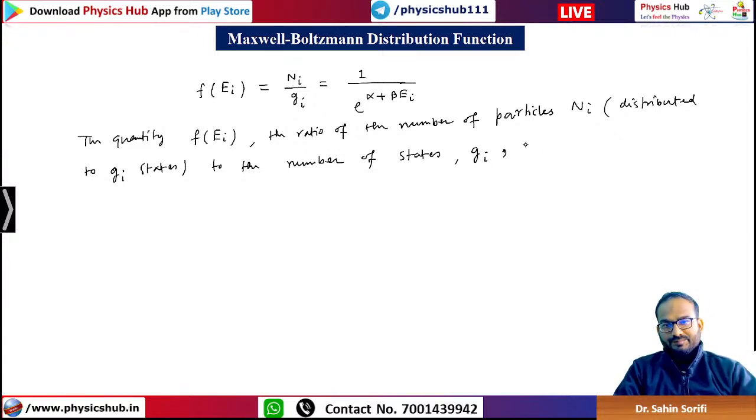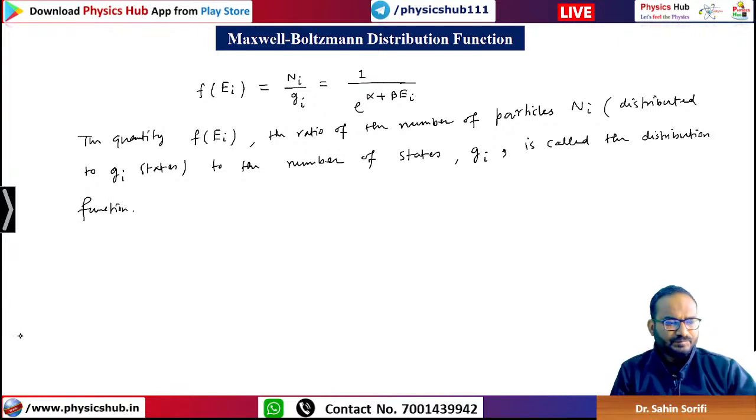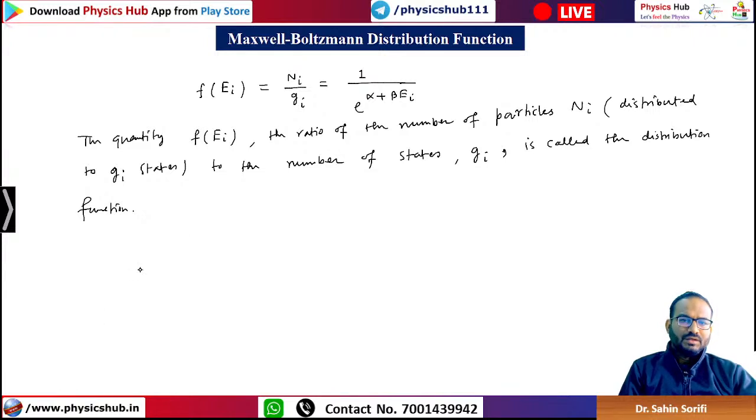This quantity is called the distribution function. So, what can you conclude from here? We can say this is the average number of particles in a quantum state.